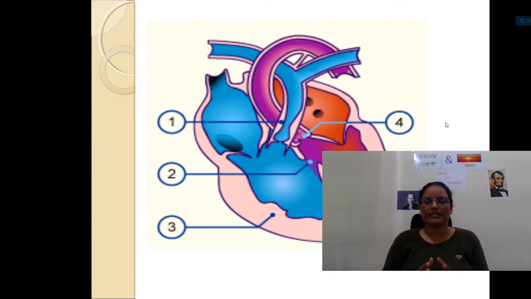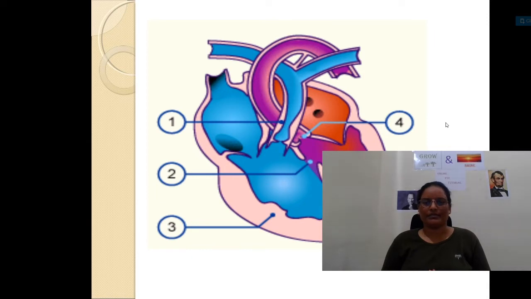Then the next is the exact circulation of the heart in tetralogy of Fallot. Here you can clearly see the blue color in the circulation. We can see blue in the right atrium, right ventricle and pulmonary artery, and in the left atrium we can see red because there is oxygenated blood. After the blood pours into the left ventricle, it becomes purple.